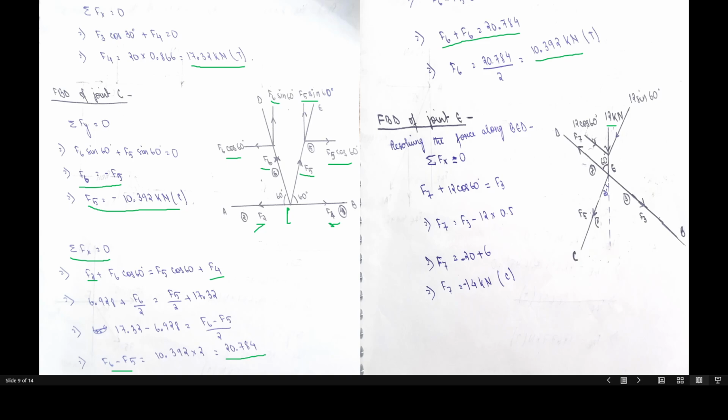We'll just resolve the force along BD because F7 is now the only unknown force that is to be determined, and we can simply solve it this way. So we'll solve for horizontal forces. Here 12 cos 60 degree, F7 and F3 are the horizontal forces. F7 and 12 cos 60 degree are in opposite directions.